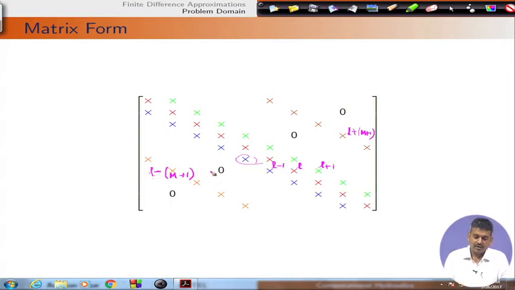This is valid for interior points, but if you have boundary points, then we need to consider another structure point here, which will consider L minus 2 into m plus 1, and on this side also L plus 2 into m plus 1, to consider the 3 points.